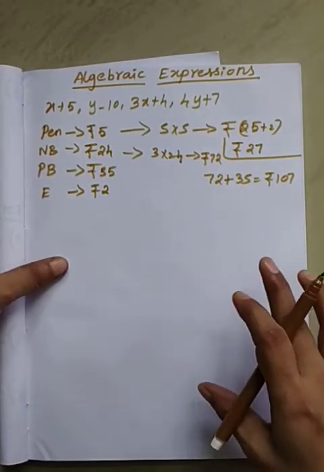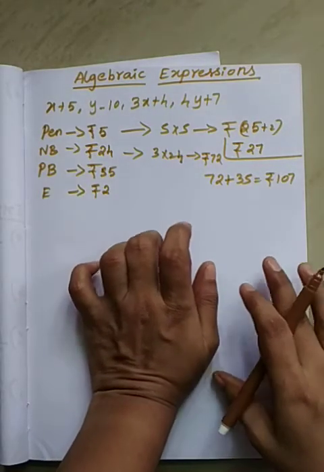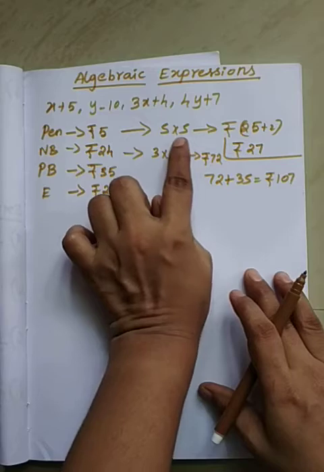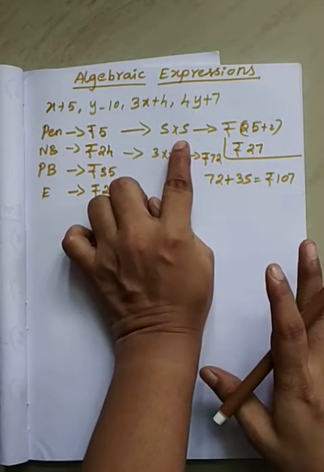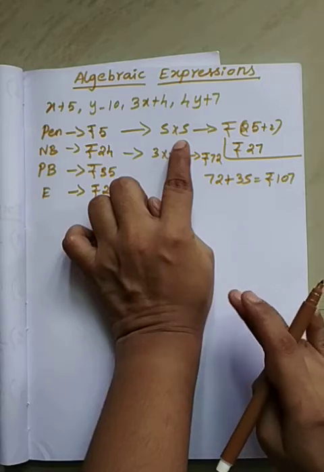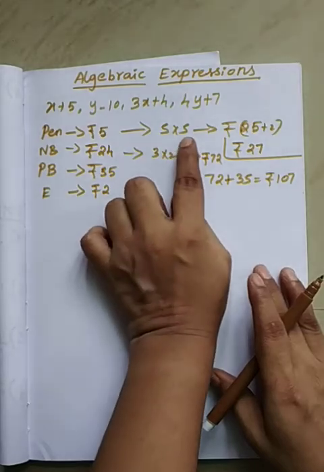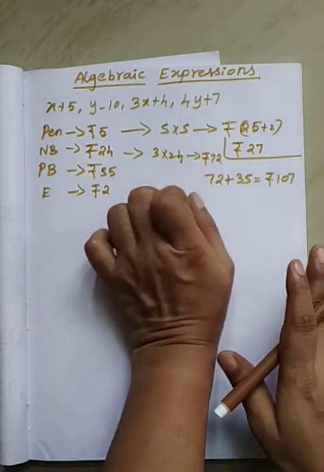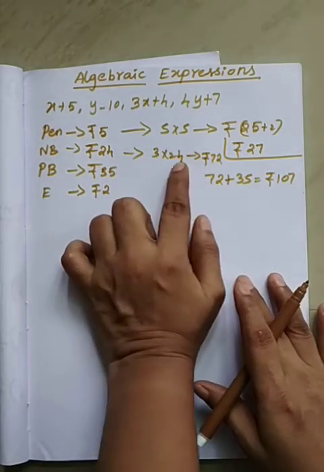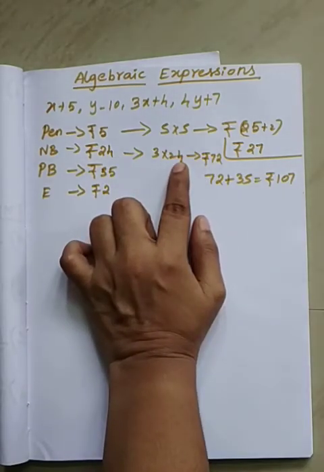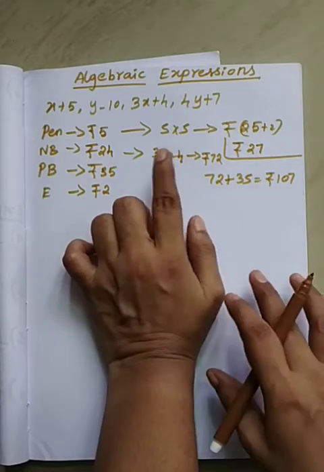If a person wants to buy n pens, then the amount he has to pay is 5 into n, rupees 5n. What will be the cost of n pens and an eraser? It will be 5n plus 2. Similarly, the cost of m notebooks and a pencil box is rupees 24m plus 35.